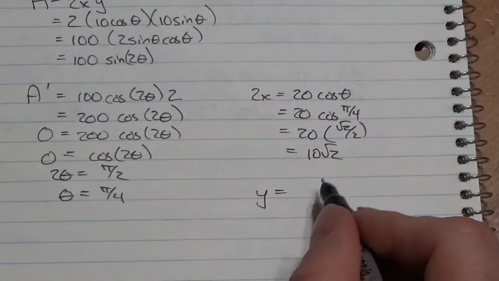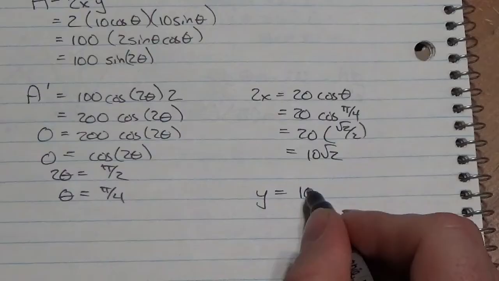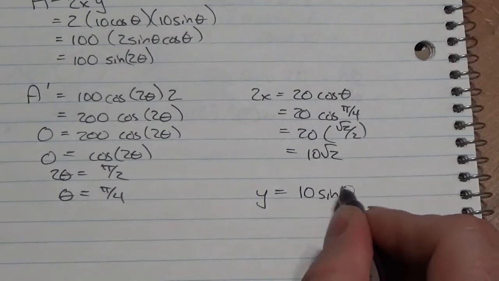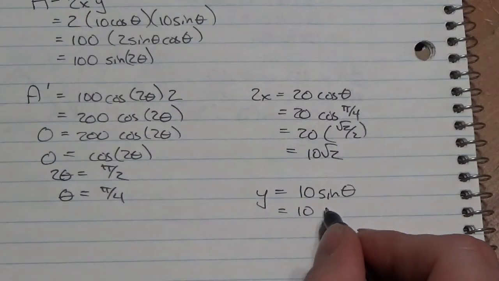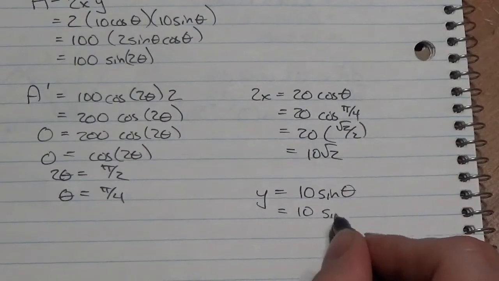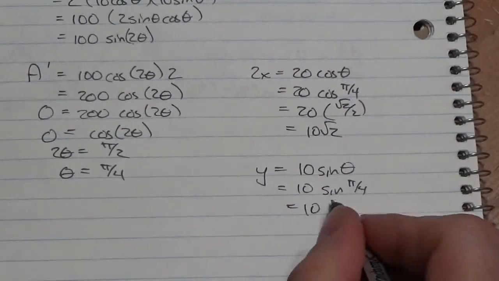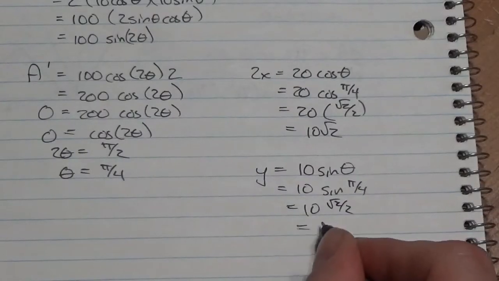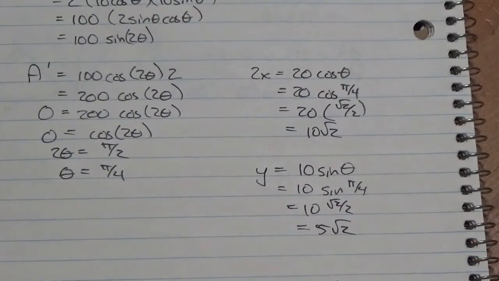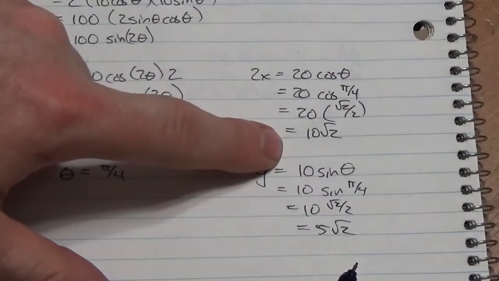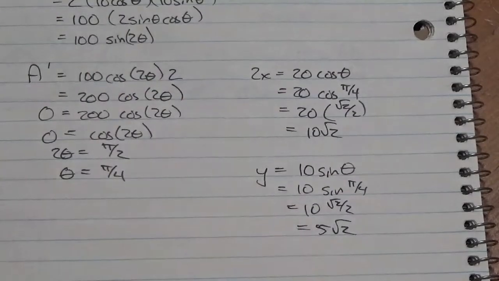Y is the width of my rectangle, and that is just going to be 10 sine of theta. So 10 multiplied by the sine of pi over 4, 10 multiplied by root 2 over 2, or 5 root 2. So my length will be 10 root 2, my width will be 5 root 2. I think that's a fair bit easier.